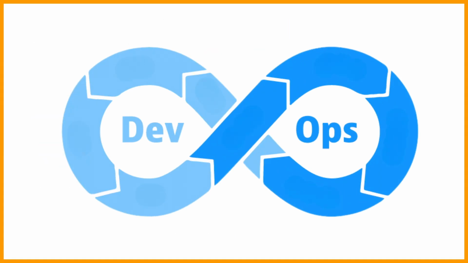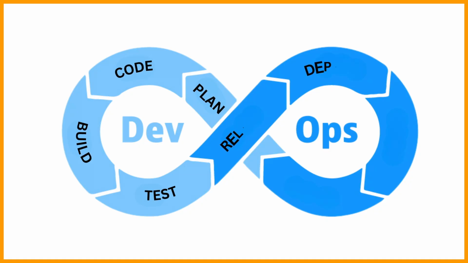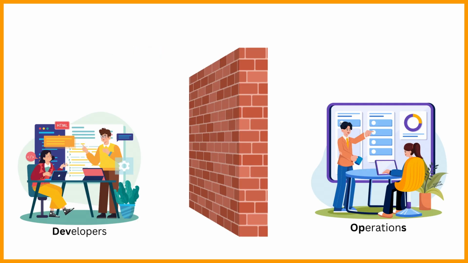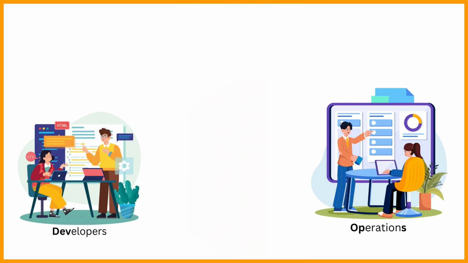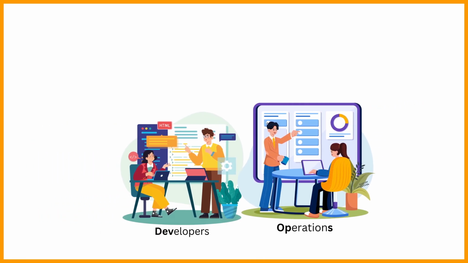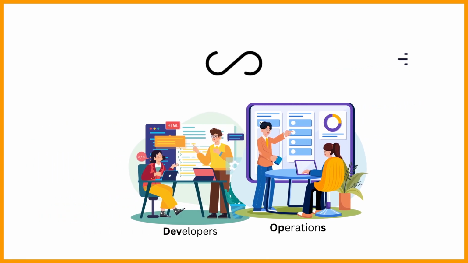That's because it represents a continuous cycle of planning, coding, testing, releasing, monitoring, and feedback, all happening in a tightly integrated and automated fashion. So instead of throwing code over a wall to operations and hoping for the best, DevOps brings both sides together from the start. The goal is to create a seamless pipeline that allows for frequent, reliable releases with fewer errors.